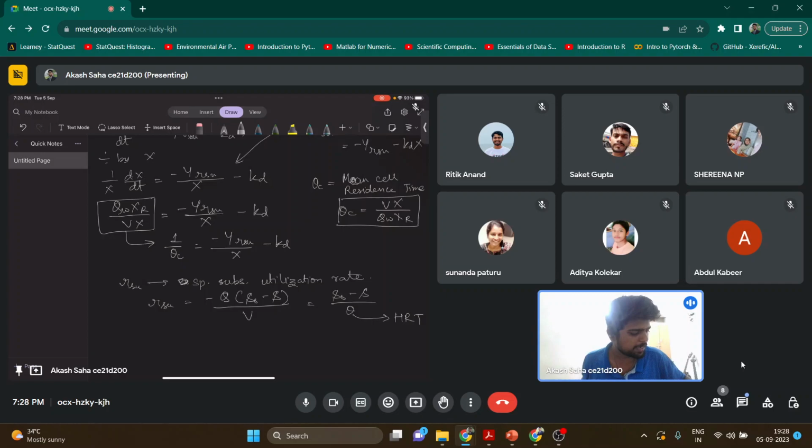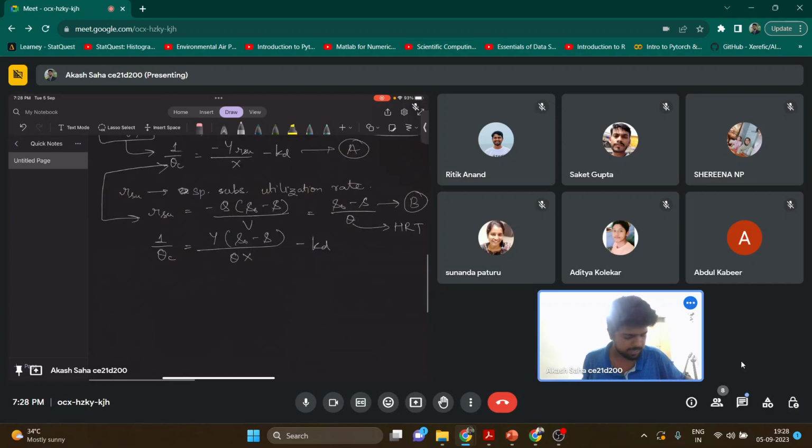If I combine both these equations, A and B, I will get 1 by theta c equal to Y into S naught minus S by theta X, minus kd. Finally we can write V equals Q theta c Y into S naught minus S by X into 1 plus kd theta c.